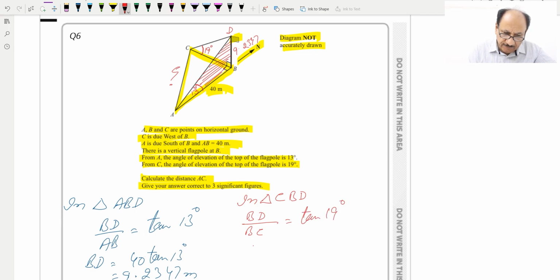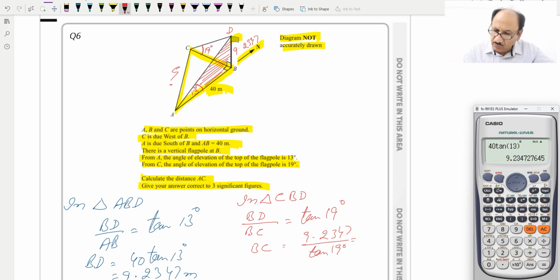So BD we already have. So BC will be equal to BD, which is 9.2347, divided by tan of 19 degrees.